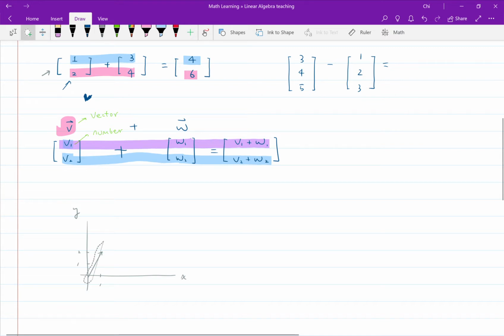Should probably use a different color, so let me use blue. So this is 1, 2. And then let's also draw 3, 4. So 1, 2, 3, and 1, 2, 3, 4.